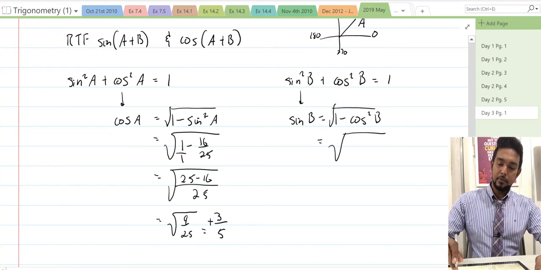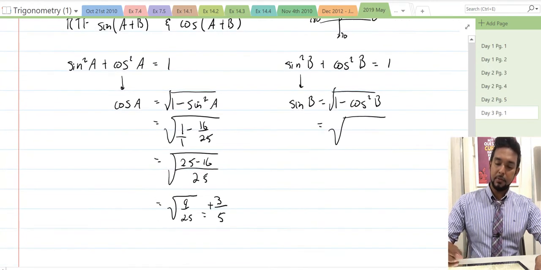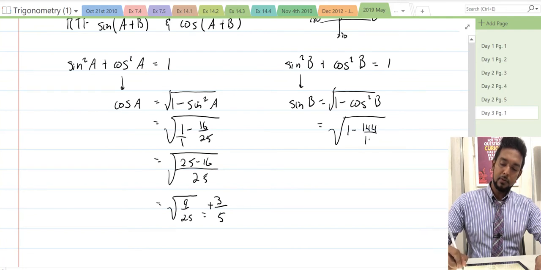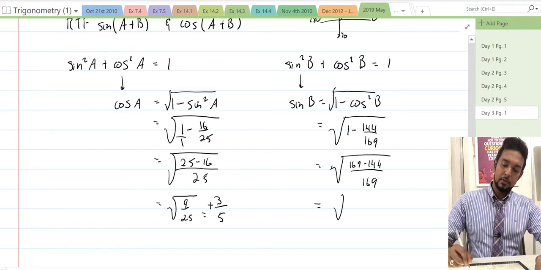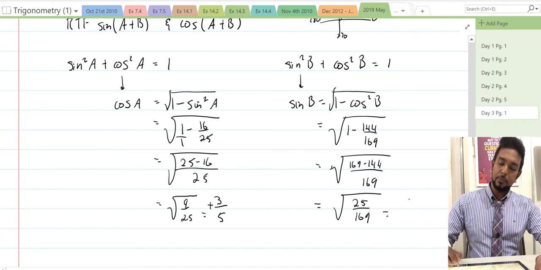So that's the square root of, what did it tell us cos B was? That's 12/13, right? So that's 1 minus 144 over 169. So that'll give us 169 minus 144 all over 169, which is 25 over 169. And the square root of that will give us 5/13.